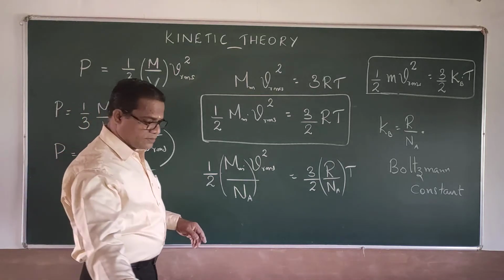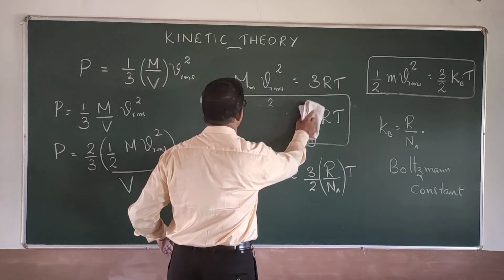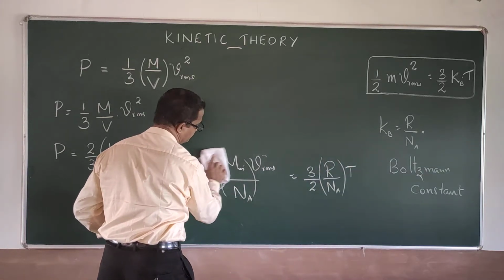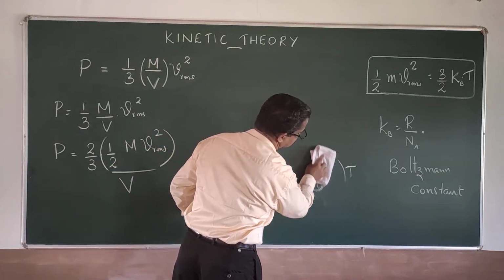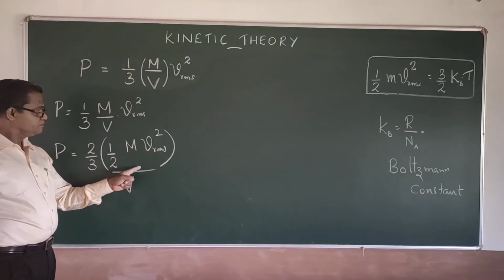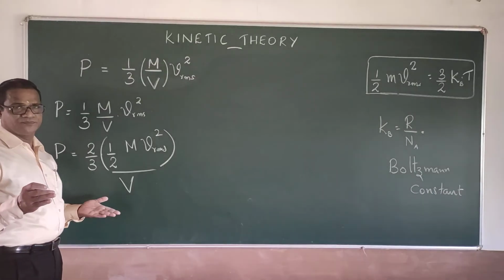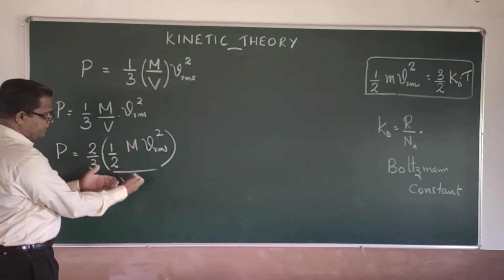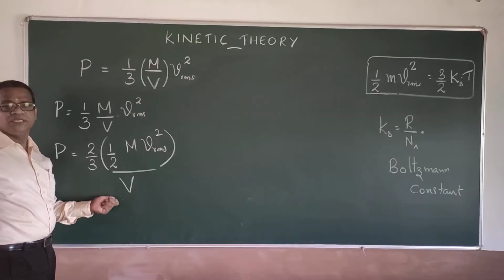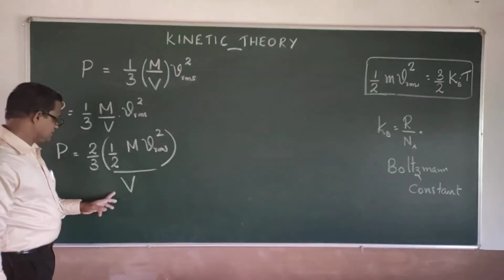Then this half m Vrms square, where m is the mass of the gas, is the kinetic energy associated with m mass of the gas. So kinetic energy divided by volume of the gas, we can define as kinetic energy per volume, that is the energy density of the gas.